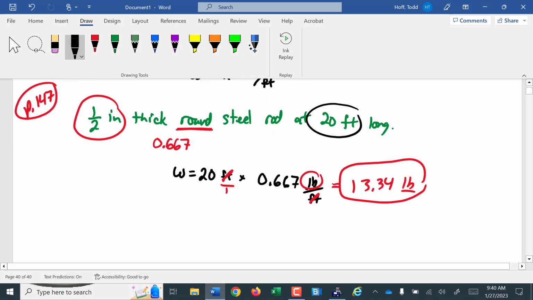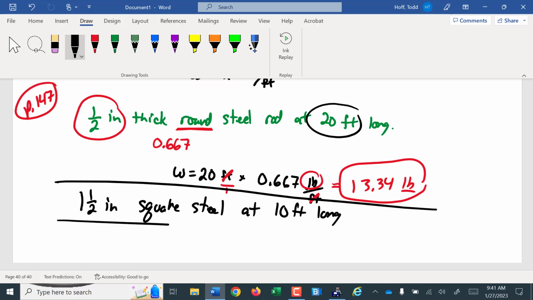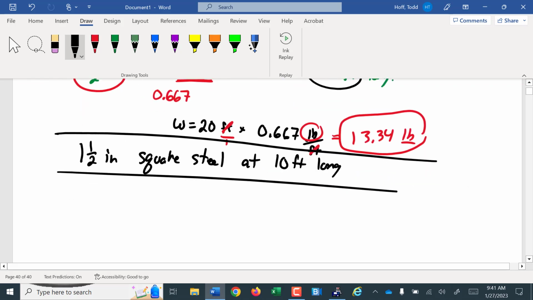So I'm going to have you guys try one here. 1.5 inch square steel at 10 feet long. So find the weight of that quick. See what you come up with.